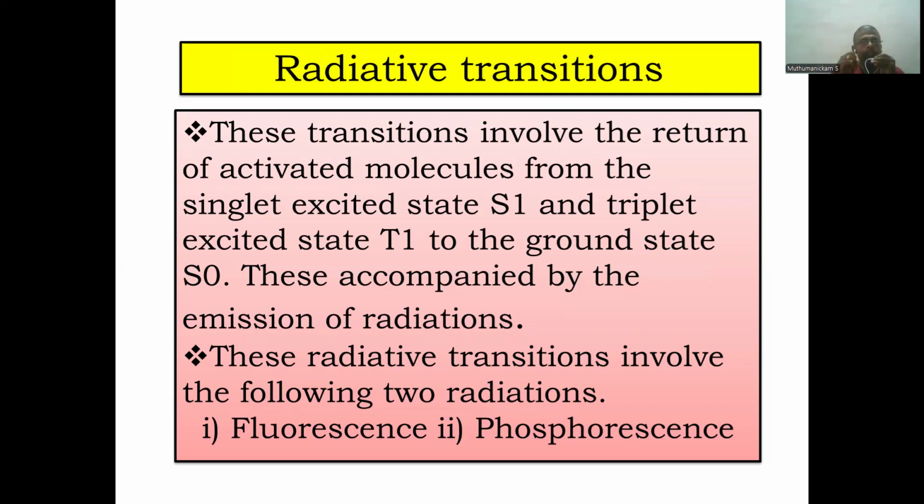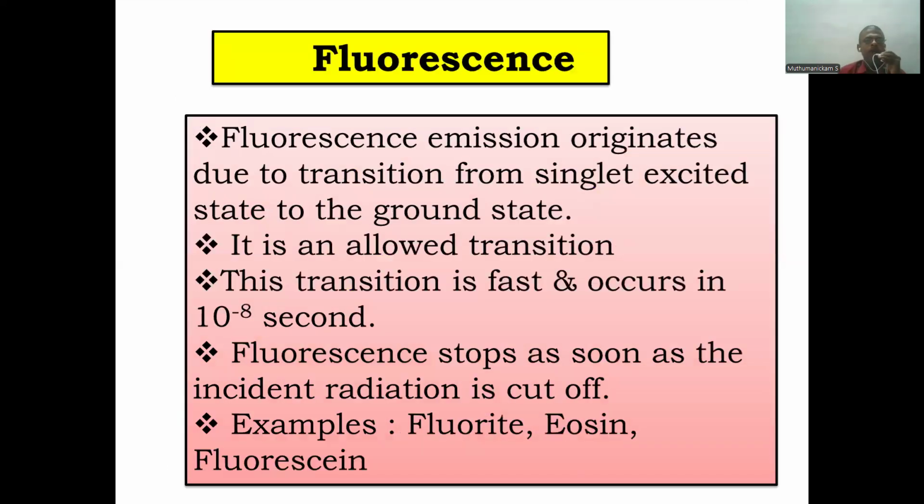Since radiative emission occurs, these transitions are collectively called radiative transitions. Now let us consider fluorescence. Fluorescence emission originates due to the transition from singlet excited state to ground state, for example S1 to S0.